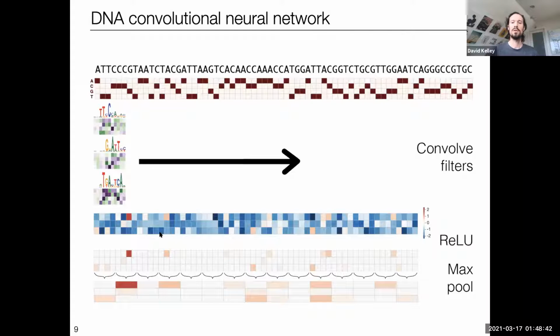They are creating then a numeric representation that is the number of filters, 3 in this case, so 3 rows by the length of the sequence, which is the element-wise dot product between this position weight matrix object and the one-hot encoded sequence.